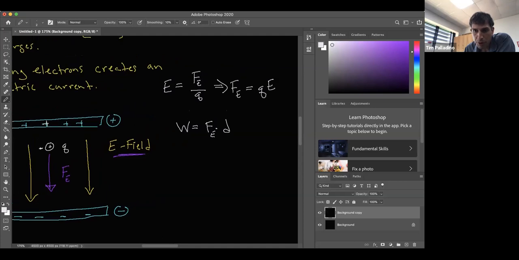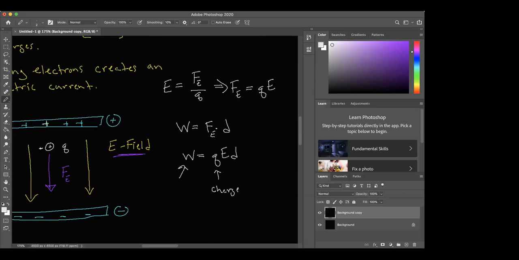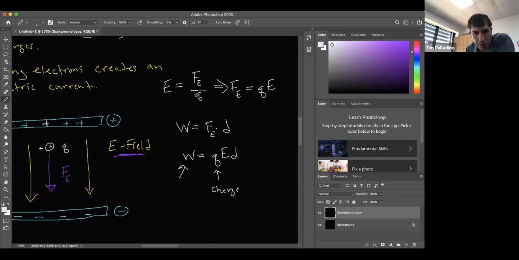How is this similar to the work done by gravity? Well, gravity equals mg. This is very similar to that. So we can rewrite this as the work equals q e d. Let me write one more thing. This is the work done by the electric field.